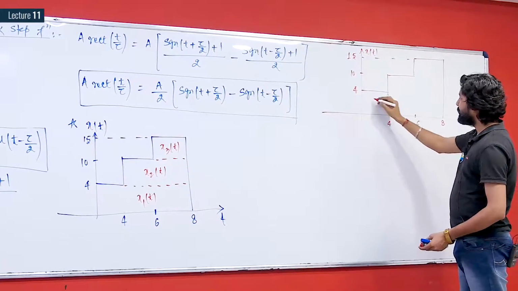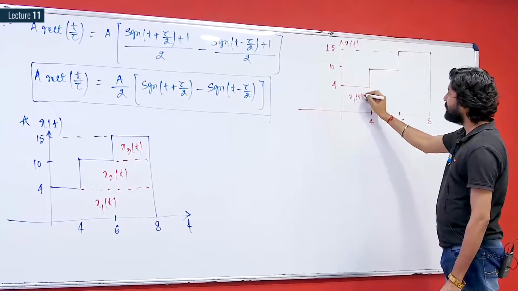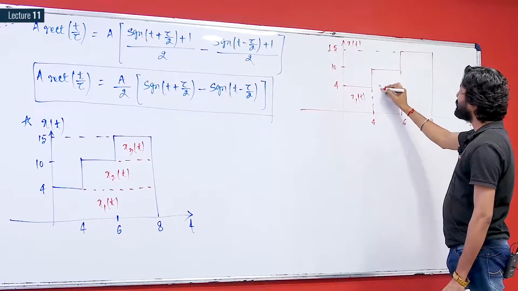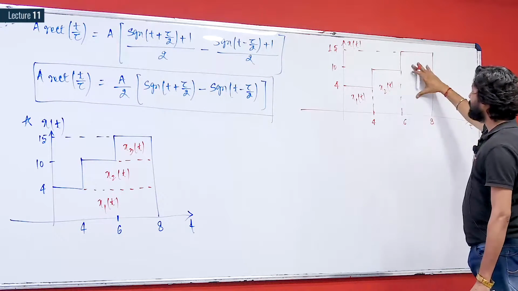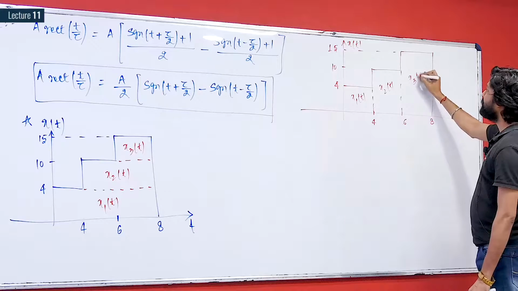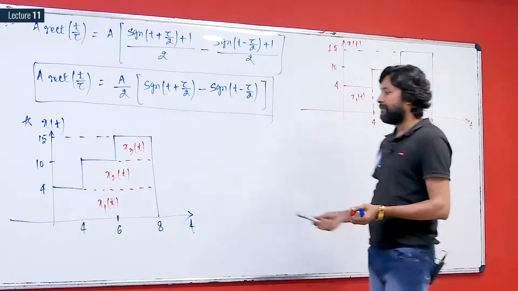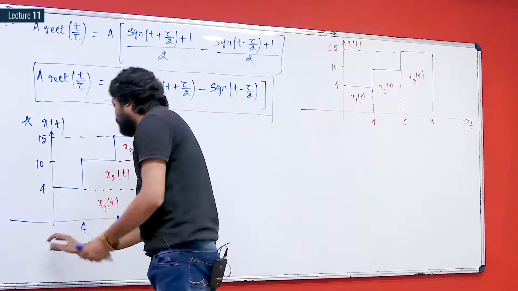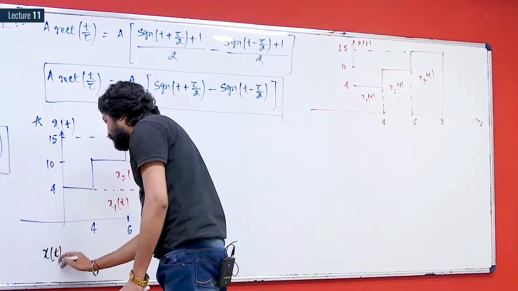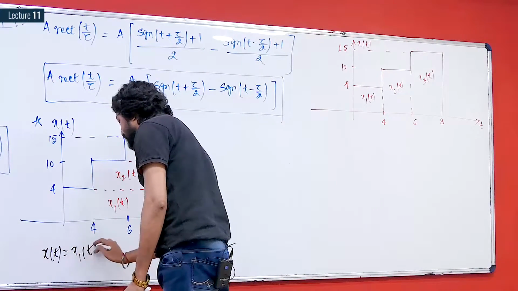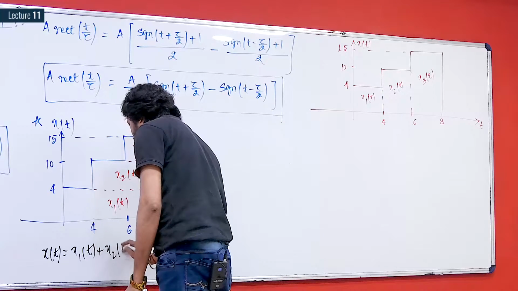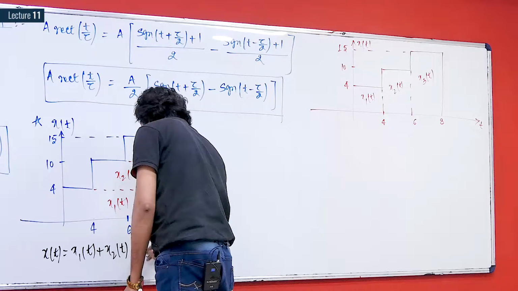If you take this rectangle to be x1 of t, this rectangle to be x2 of t and this rectangle to be the third function, that is x3 of t. So in both the cases we can represent this signal as x of t is equal to x1 of t plus x2 of t plus x3 of t.